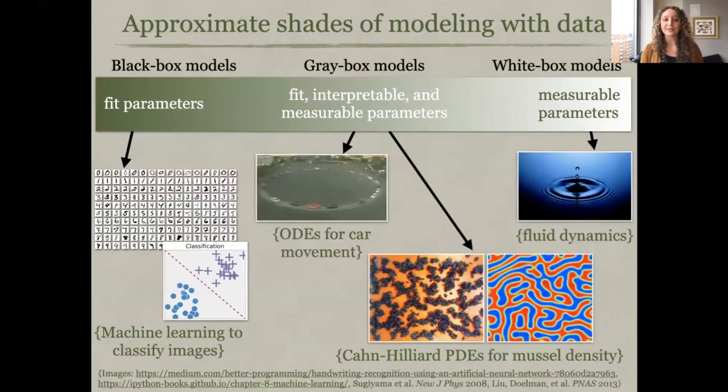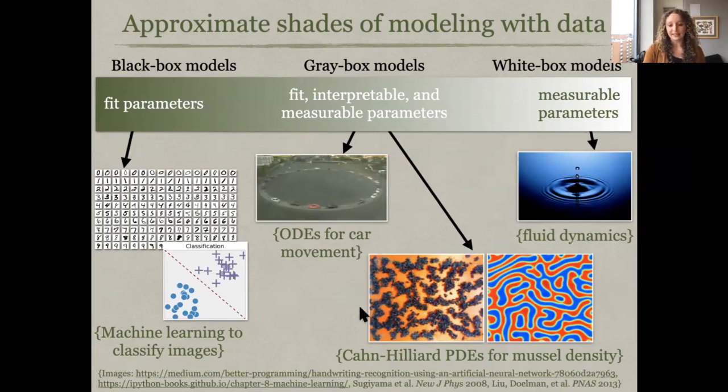To give you some examples of systems that fit into these different types, you can think of machine learning and classifying images, for instance different numbers, as living in the black box space. For gray box models, there's a whole spectrum. Some of these are more phenomenological or mechanistic, depending on your perspective. One example would be describing how cars are moving in this circle using an ODE, or ordinary differential equation, per car.